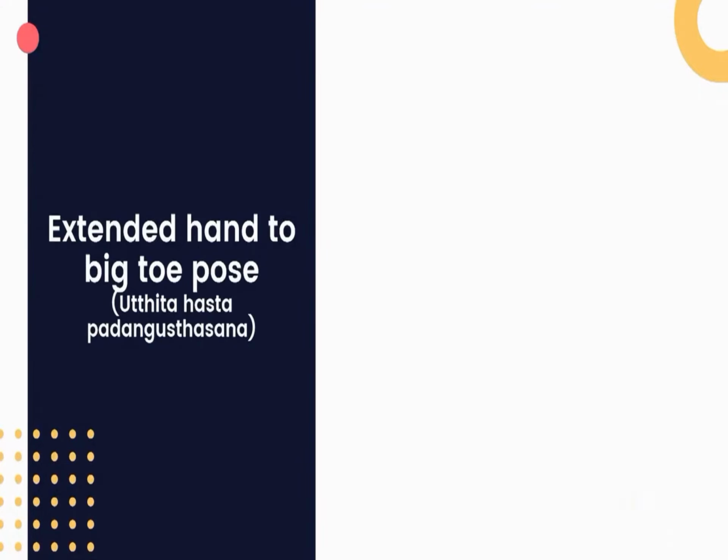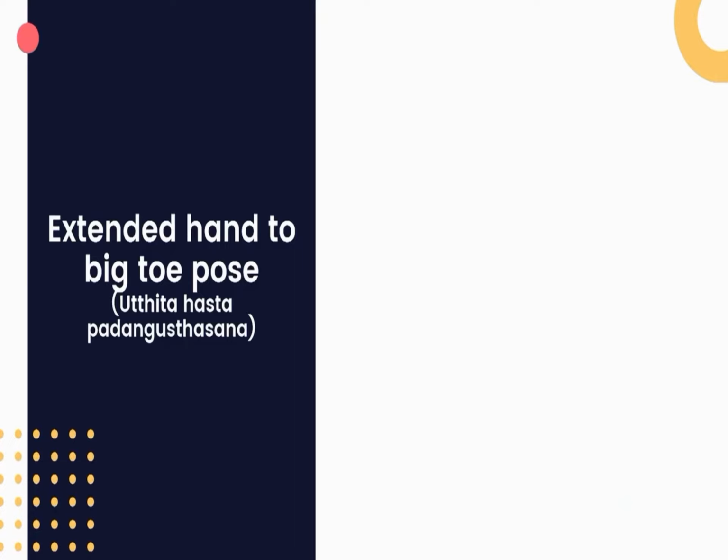Ashtanga offers us a standing variation of our Janushirasana A, head to knee forward bend, which challenges our balance and flexibility. This variation is extended hand to big toe pose, or Uttita Hasta Padangustasana. From Tadasana, bring your right knee towards your belly, interlacing your hands just below your knee.